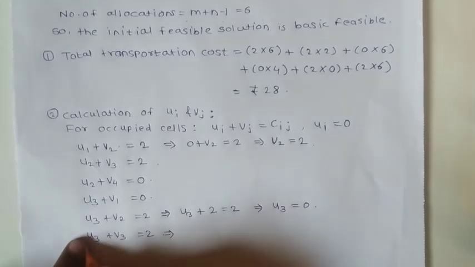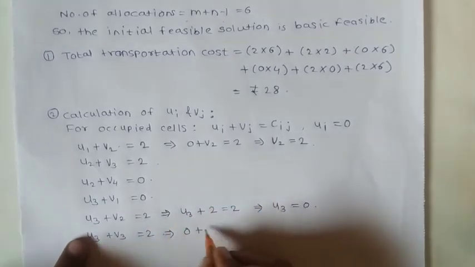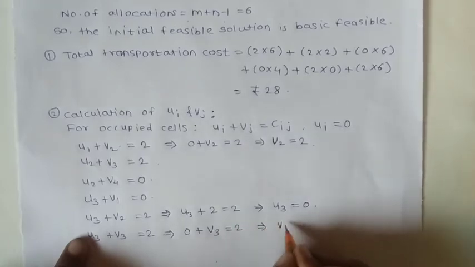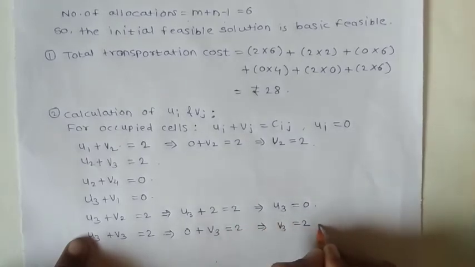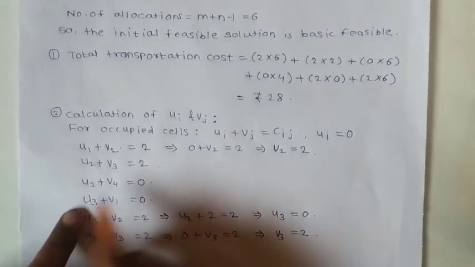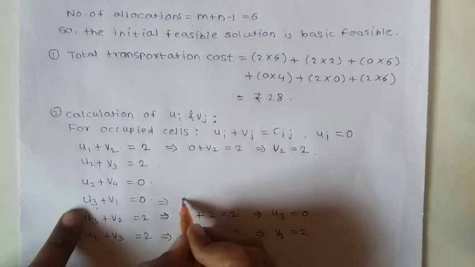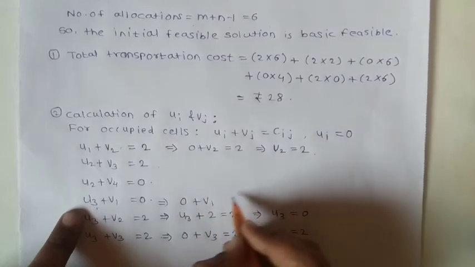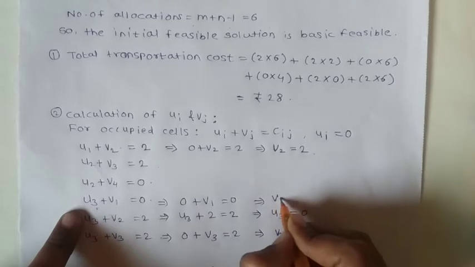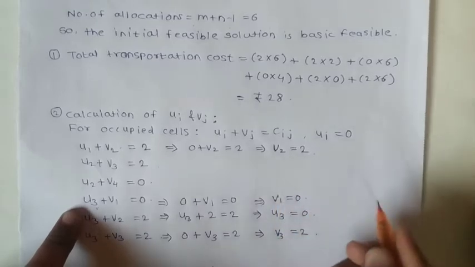So U3 0 plus V3 equals 2 implies V3 equals 2. Substitute the value of U3: 0 plus V1 equals 0, which implies V1 equals 0.